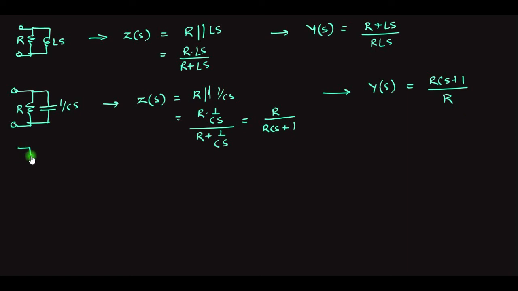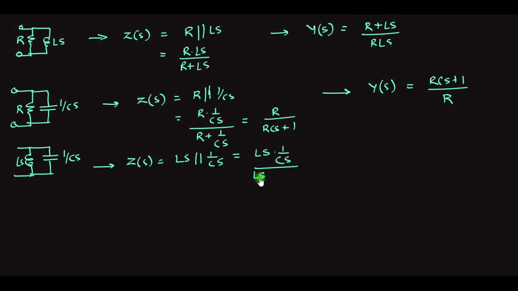And let us consider an inductor connected in parallel to a capacitor, 1 by Cs here and Ls here. Then its impedance would be equal to Ls parallel 1 by Cs, and this will be equal to Ls into 1 by Cs whole divided by Ls plus 1 by Cs.